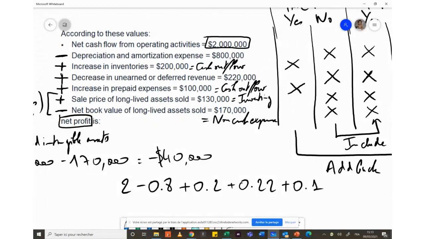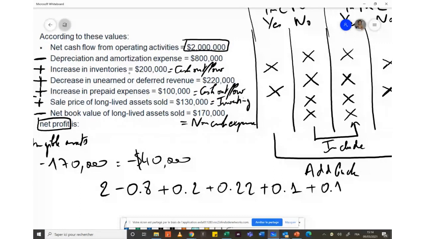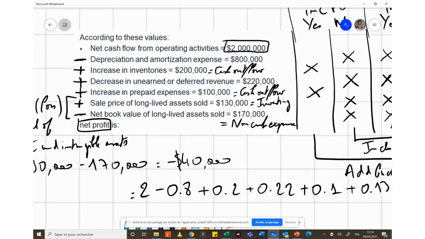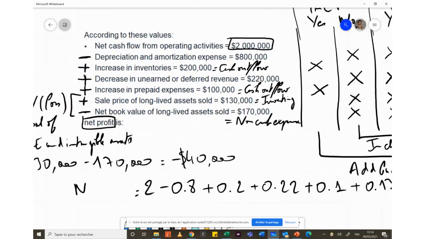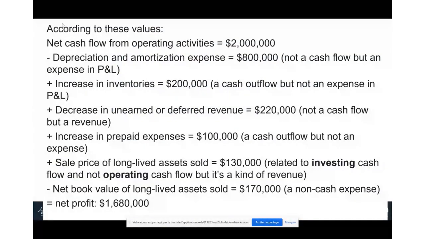It's a cash outflow, but it's not already an expense. Plus the 0.13 for the sale price, minus 0.17 for the net book value. And now we have the calculation of the net profit. So the net profit is equal to 1.668 million.